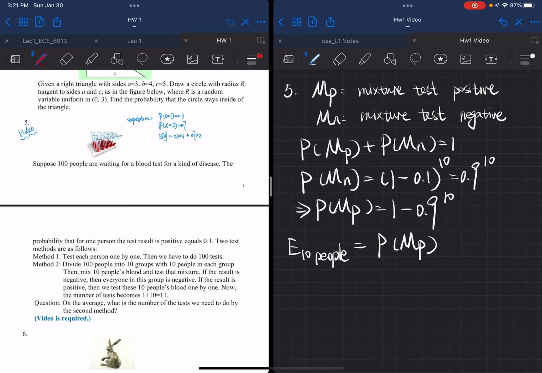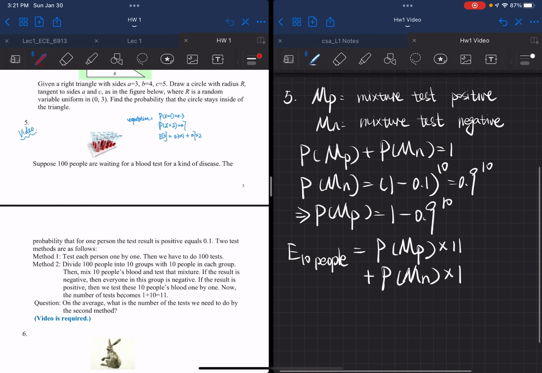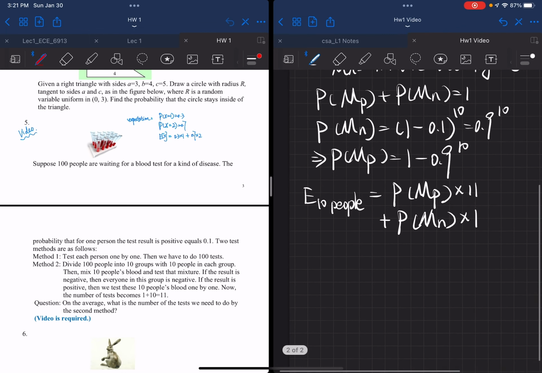Then we need to take an extra 10 tests to make sure each person's test result is positive or negative. So here we need 11 tests. But if the mixture test result is negative, which means each one's blood in this mixture must be negative, we just need to make the test one time. So here is 1. And this is for a group of 10 people.